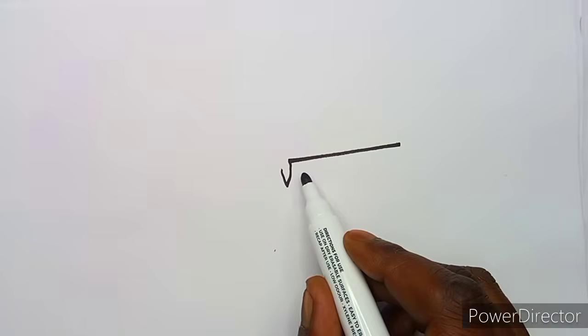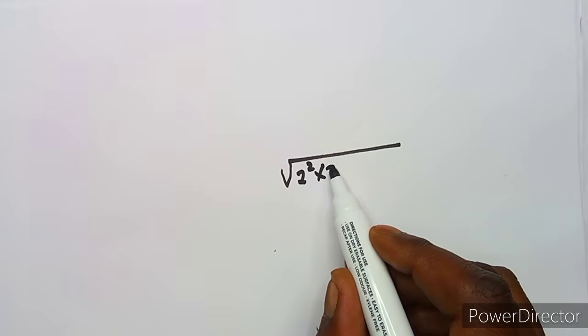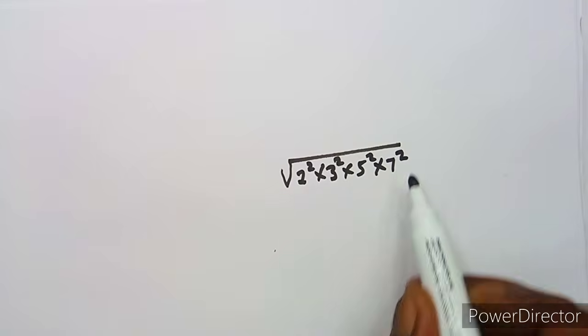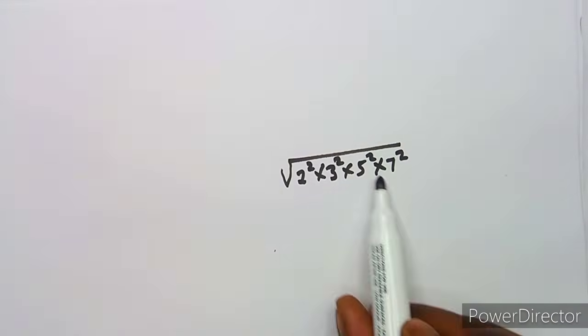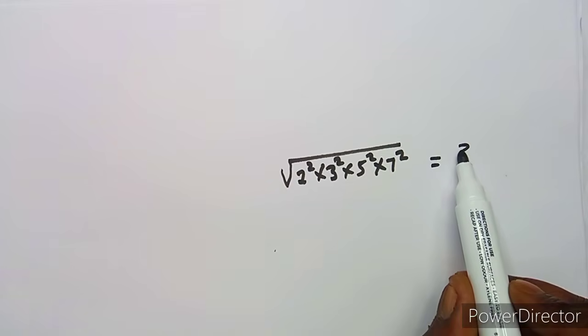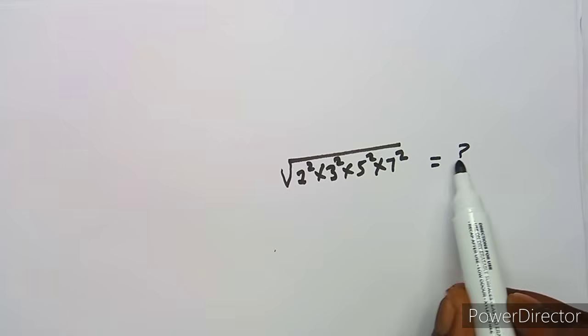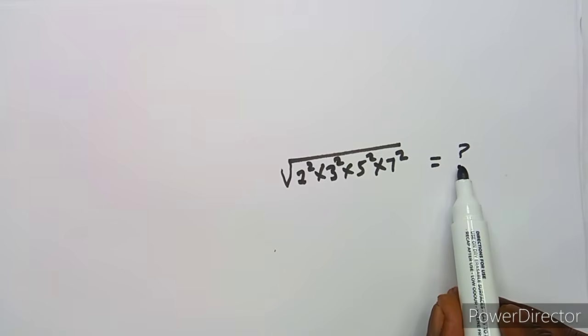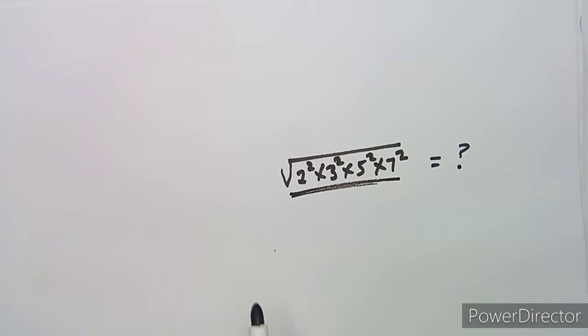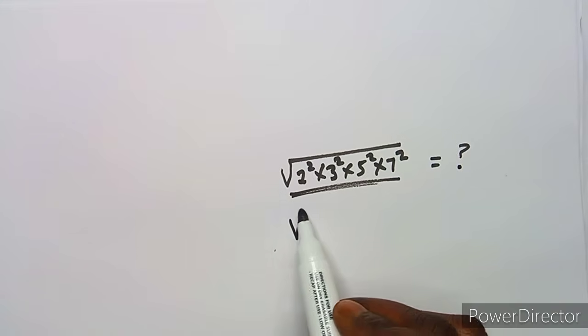What I'm trying to say is that if you are to find the square root of 2 squared times 3 squared times 5 squared times 7 squared, even though I do not know the answer to this number here, the answer is going to give me a whole number. I want you to try to find the square root. You are going to obtain a whole number. That is to mean that this is a perfect square. So every perfect square is supposed to be having even exponents.